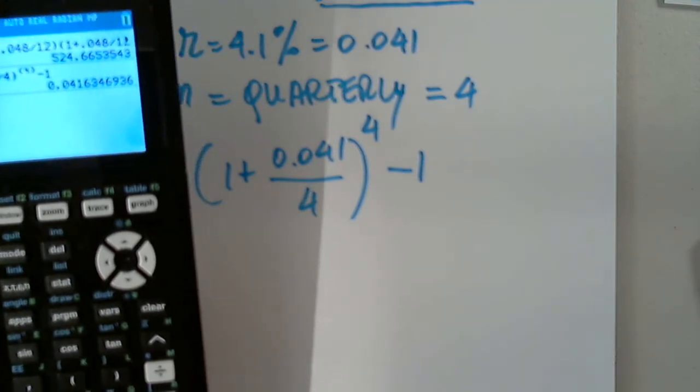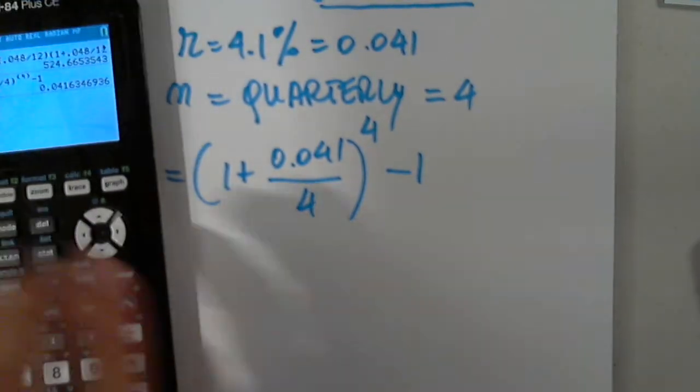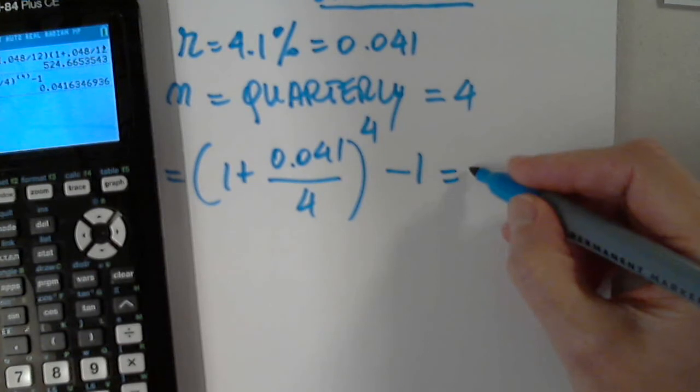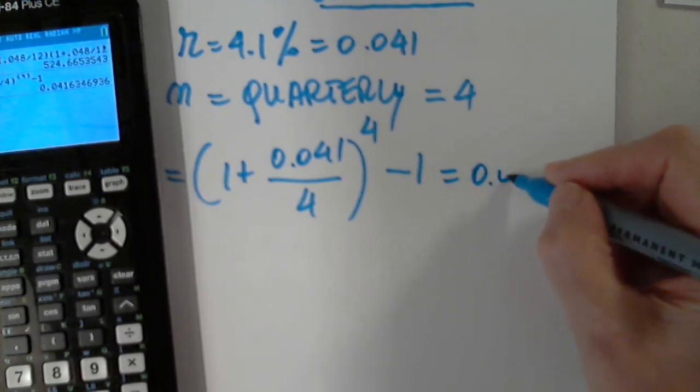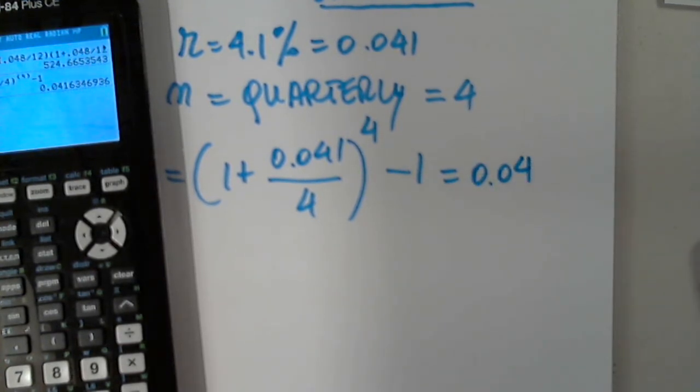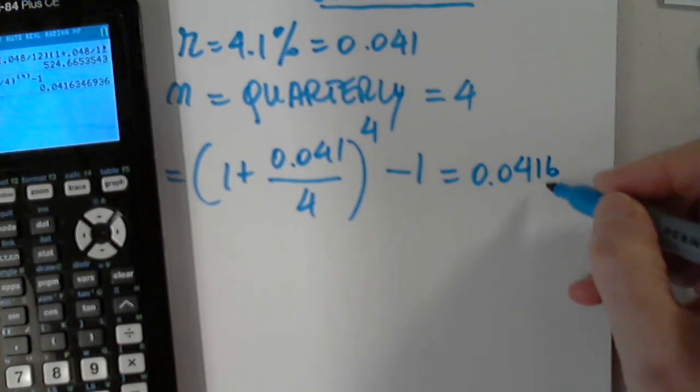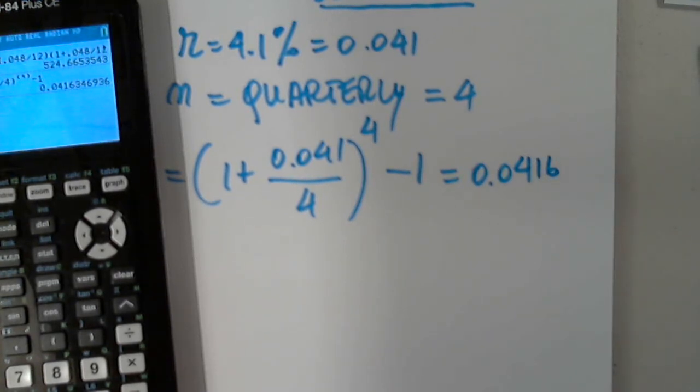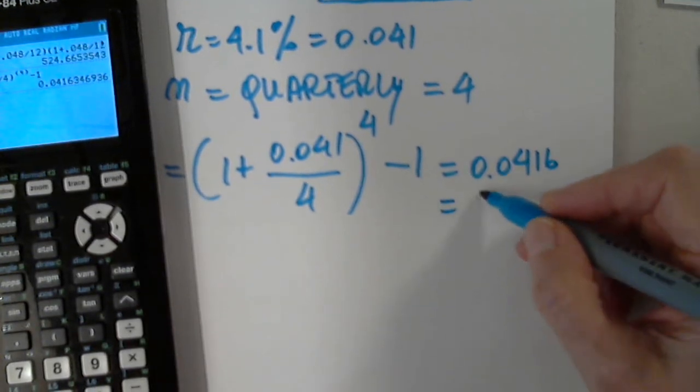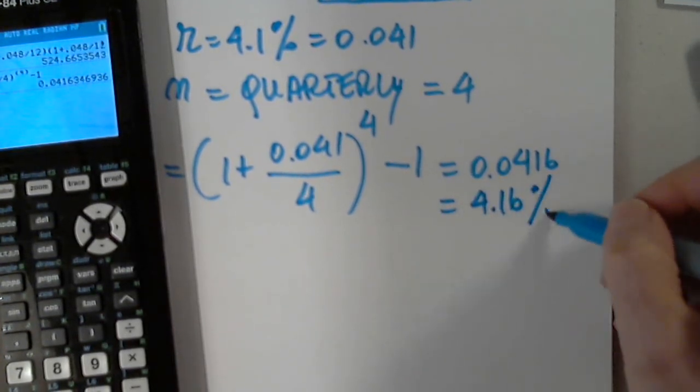So here it is. 2 decimal places, 0.0416. They're asking us for the interest rate and the compounding percentage. Let's just change it into percent. So 4.16%.